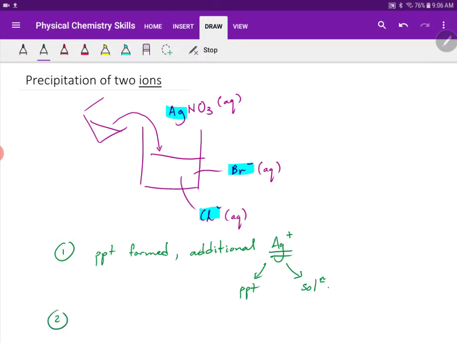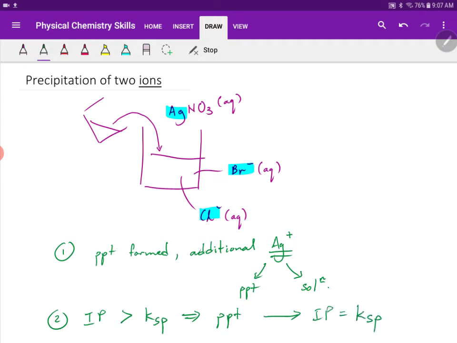The second thing is whoever's IP crosses KSP first will actually cause PPT, even if you already have some solid and solution in equilibrium. You will have IP equal to KSP.